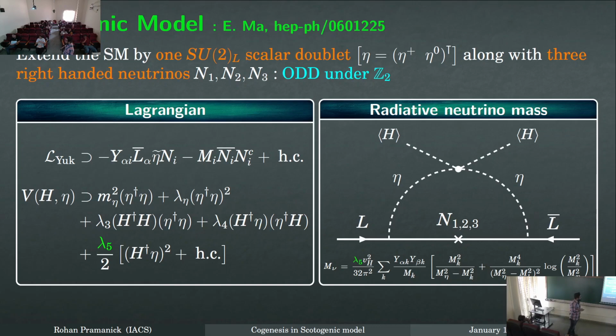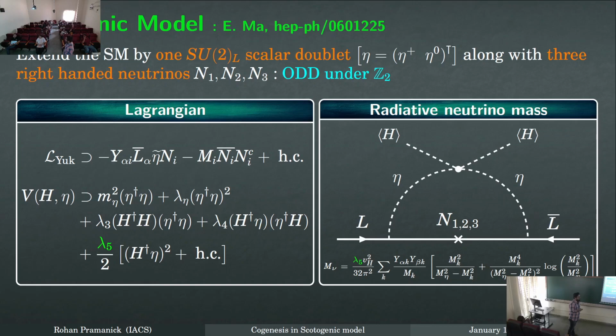So if you calculate this, you will end up with a loop function which involves the mass of this exotic scalar and this fermion. And if you massage it a little bit, you will find that this loop is non-zero only if there is a tiny mass splitting between the real and imaginary parts of the neutral component of the scalar that you have.